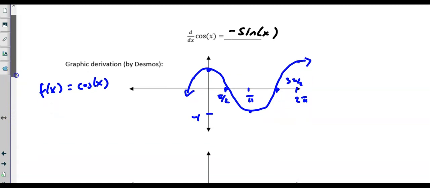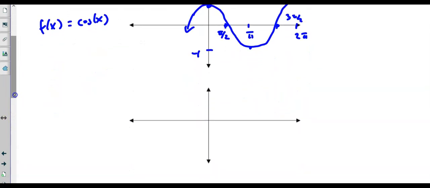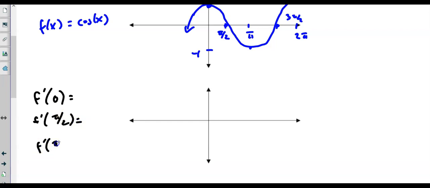Okay, so for the derivative, if I do f prime of 0, f prime of pi over 2, f prime of pi, and f prime of 3 pi over 2. Well, I could take a long time and tell you what that is, but I'll just use decimals.